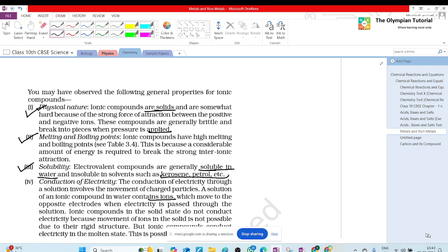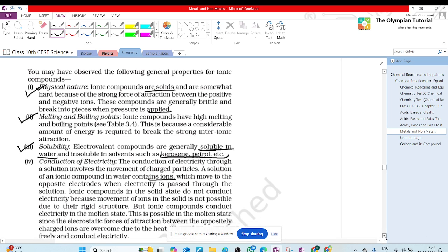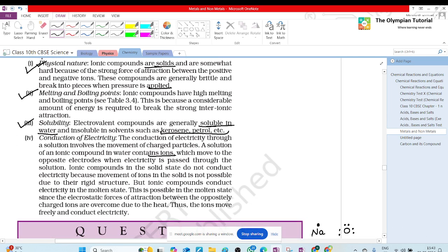These are soluble in water and insoluble in solvents such as kerosene, petrol, etc. They conduct electricity. Why? Because a solution of an ionic compound in water contains ions, due to which electricity conducts.